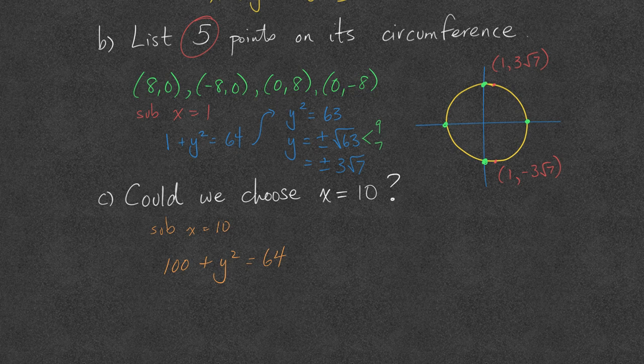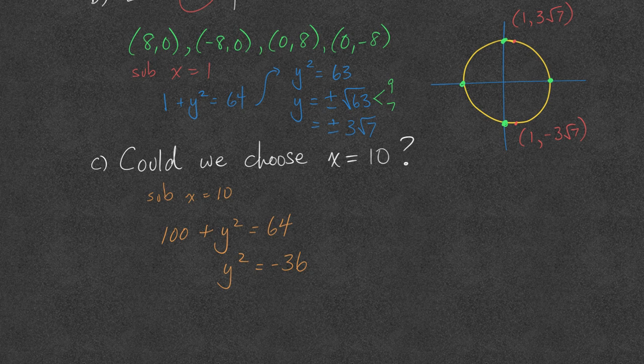Okay, now I got to solve for y, so I'm going to get rid of that plus 100, and when I get rid of my plus 100, I minus 100, and right there you might be able to see we have a problem. How can I ever have a perfect square that gives me a negative value? I can't. I have a problem with this equation.